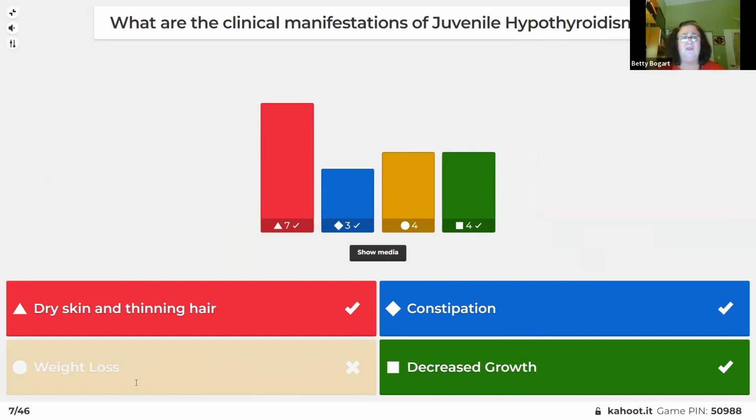So it's the dry skin, constipation. It has nothing to do with weight loss, although they say with hypothyroidism you gain weight, and with hyperthyroidism you lose weight, but minimally. But it's the dry skin, constipation, growth, and cold intolerance, those things, just like adults.